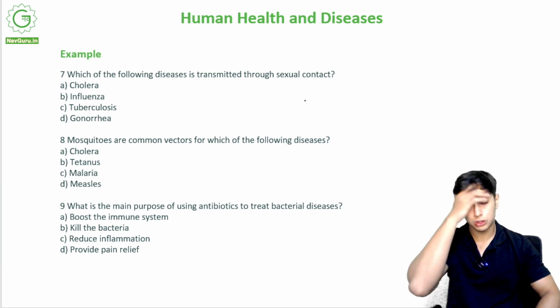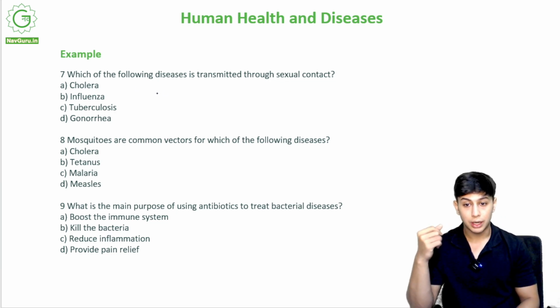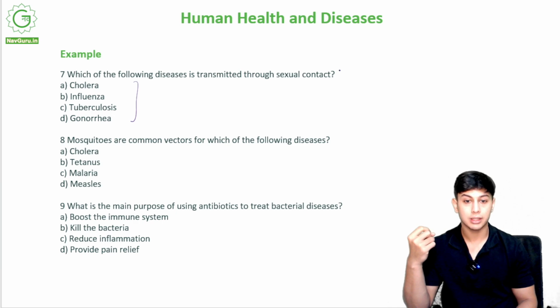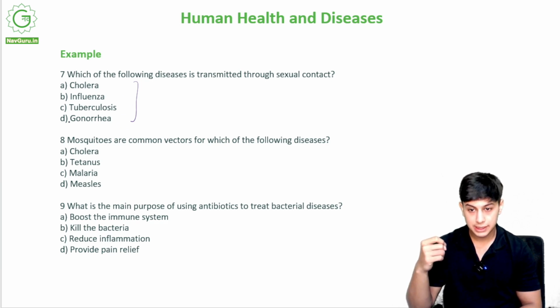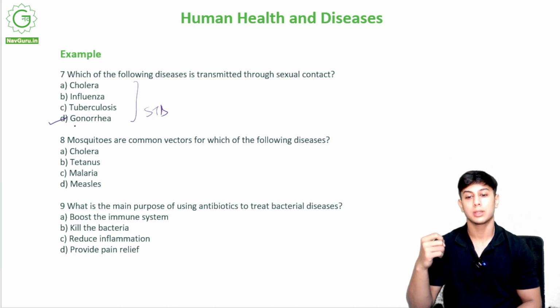All right, so you should remember the names. So out of all these, which one is sexually transmitted? Okay, through sexual contact. Is it cholera? Is it influenza? Is it tuberculosis? Or is it gonorrhea? Okay, out of these only one is a sexually transmitted disease, STD, that is gonorrhea.